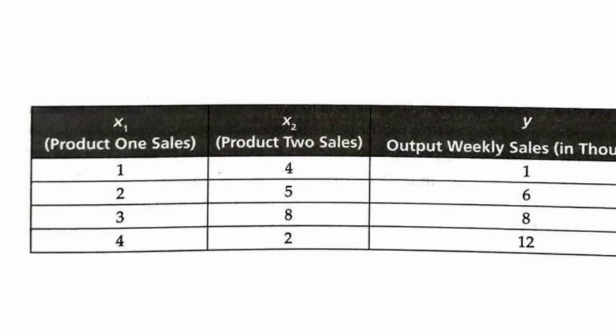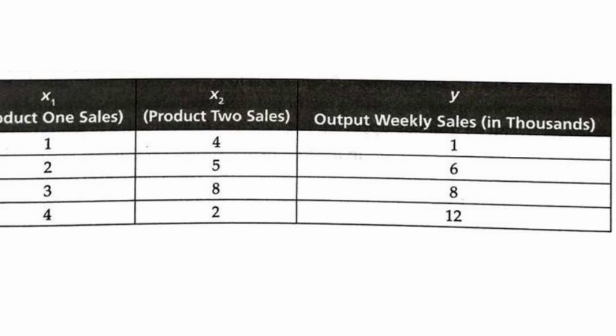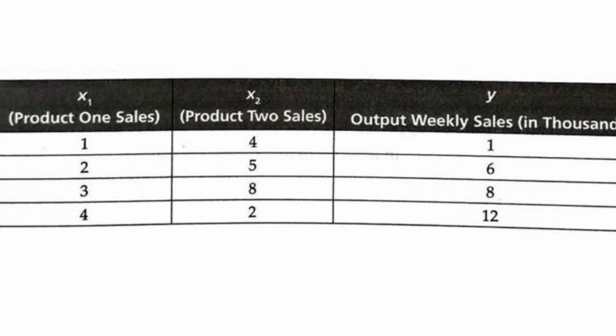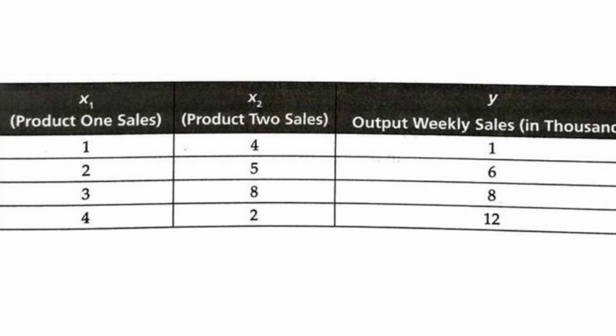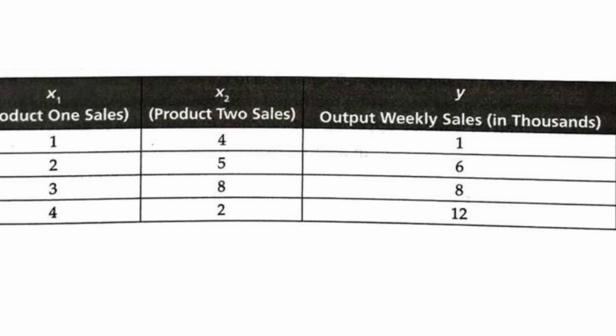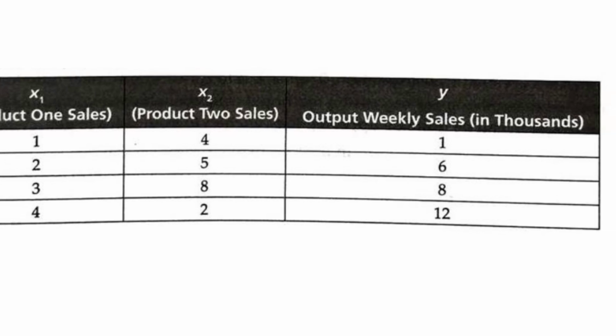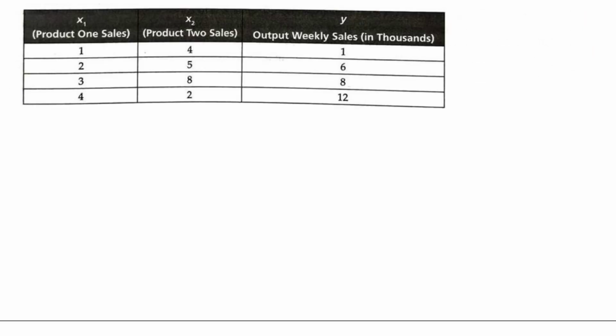Let us take one example. x1 and x2 are given and y is also given. Here there are two independent variables, sales of one product and sales of a second product, and the output is weekly sales in thousands. 1, 2, 3, 4 are the observations of x1, 4, 5, 8, 2 are observations of x2, and the corresponding y values are 1, 6, 8, 12.